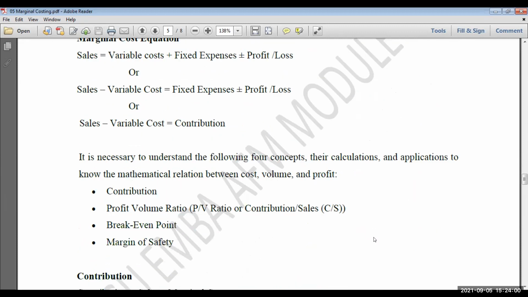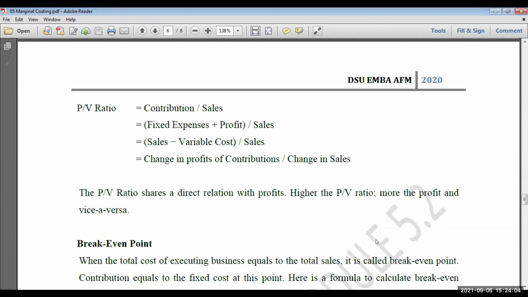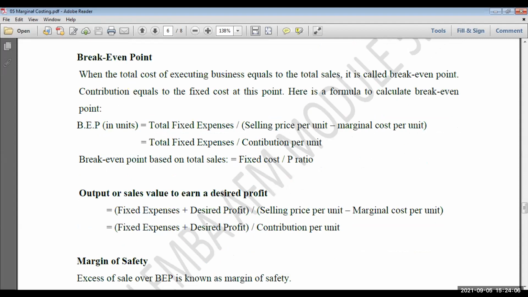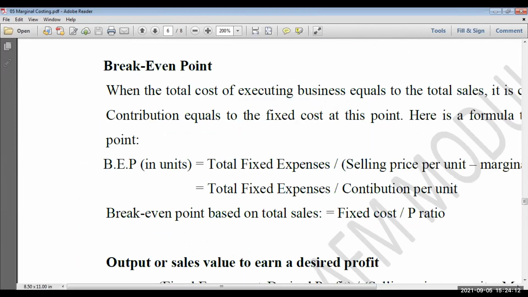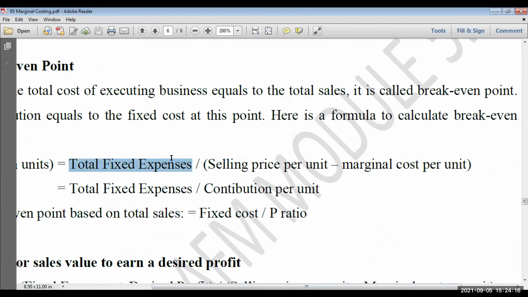How do we calculate break-even point? Look at this equation. Break-even point can be calculated by applying this equation: total fixed cost divided by contribution per unit.